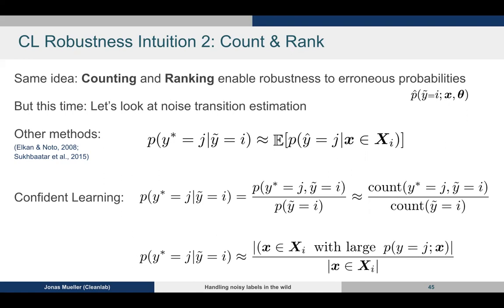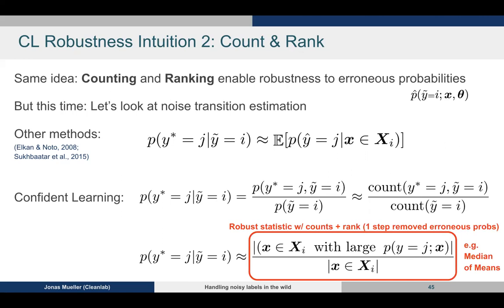When we do this counting, it's almost like taking a median or a robust statistic, instead of directly taking a mean over a bunch of continuous values, which is, as everybody knows from basic statistics, much more brittle to outliers and sensitive overall.